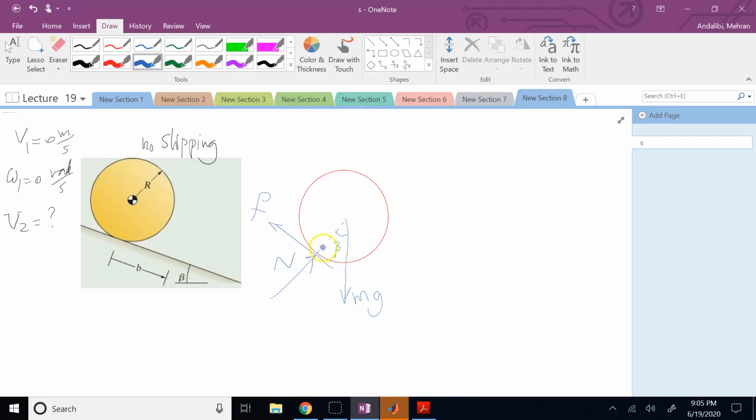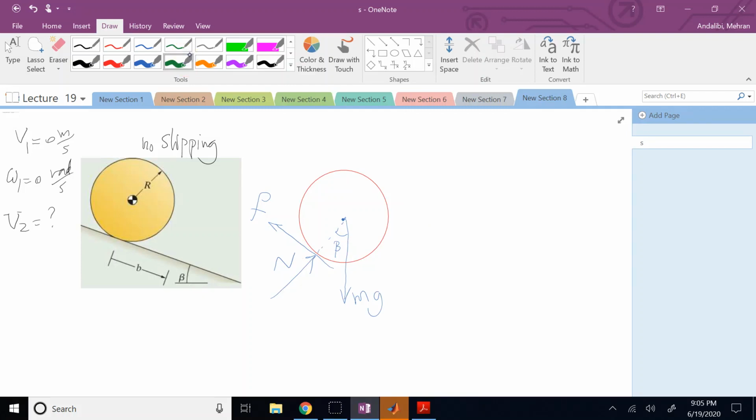Why is it upward? Because if you let it go, then the whole object, including the contact points, wants to slide down, therefore the friction is upward. And then that friction about this center point creates a clockwise moment, which allows this guy to roll clockwise down the slope. Okay, so that is the free body diagram.